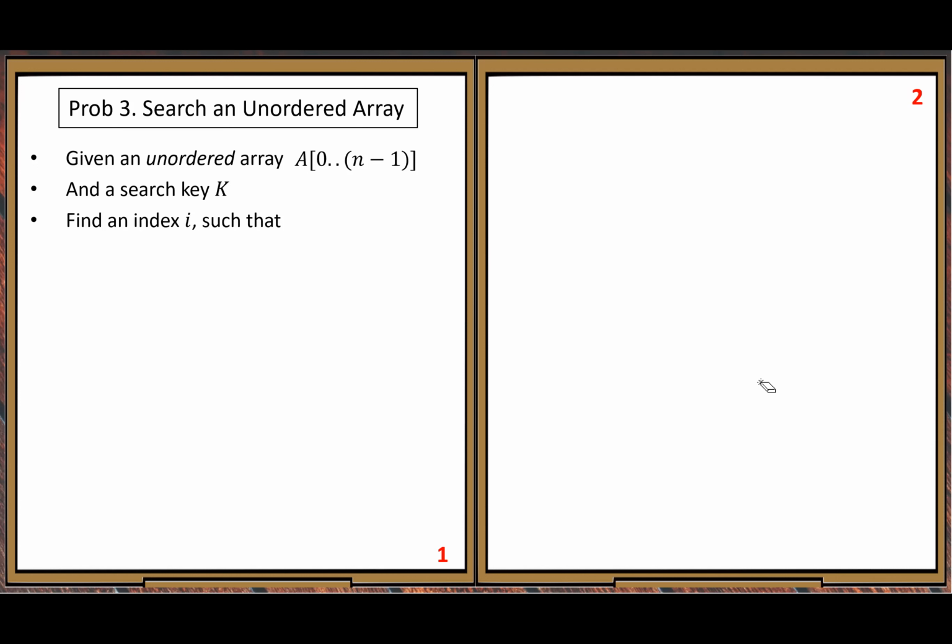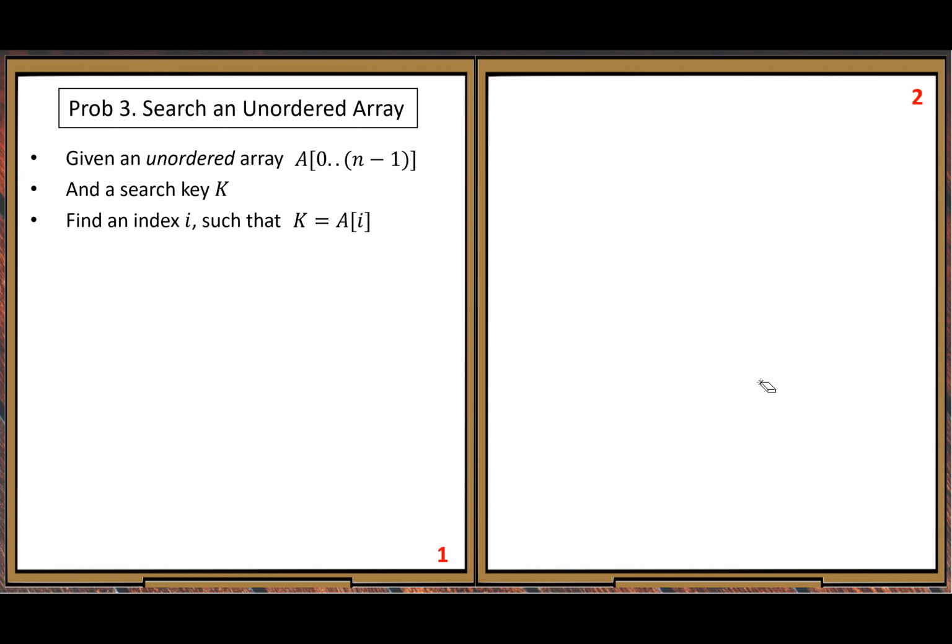Now, our goal is to find an index i such that k equals A of i. There is a possibility this i cannot be found. That case could happen. So this question is very simple.